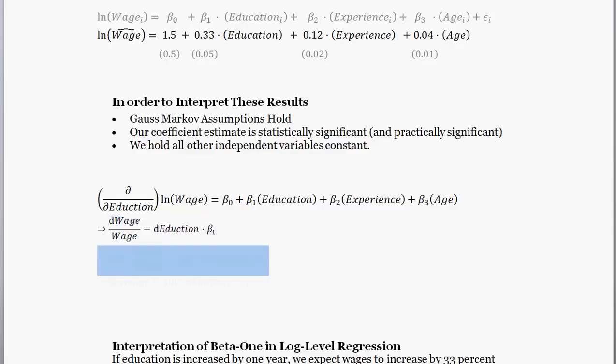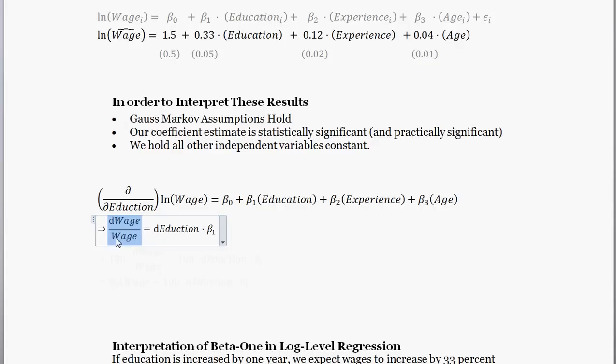Let's look at this. d wage is the change in wage, and d education is the change in education. So d wage over wage is the change in wages in percent. What's interesting is that if you take that term times 100, you get the percent change in wages.